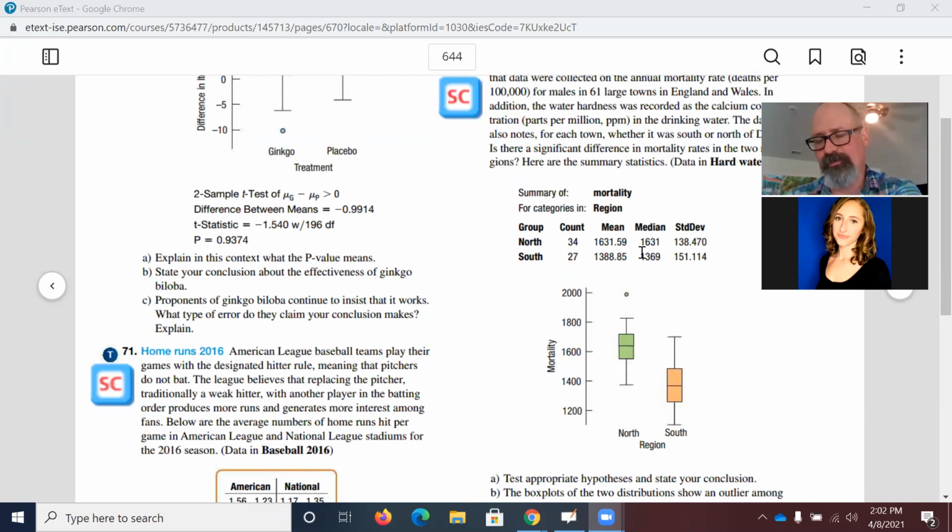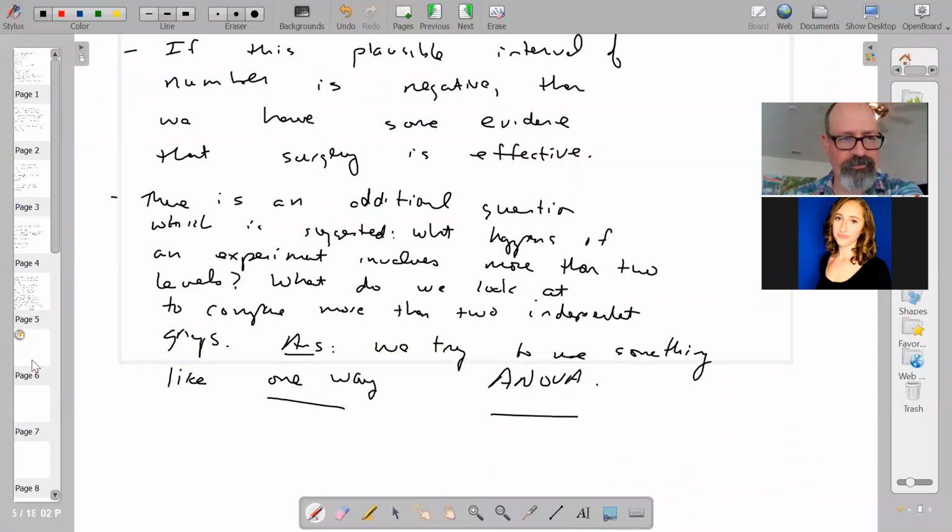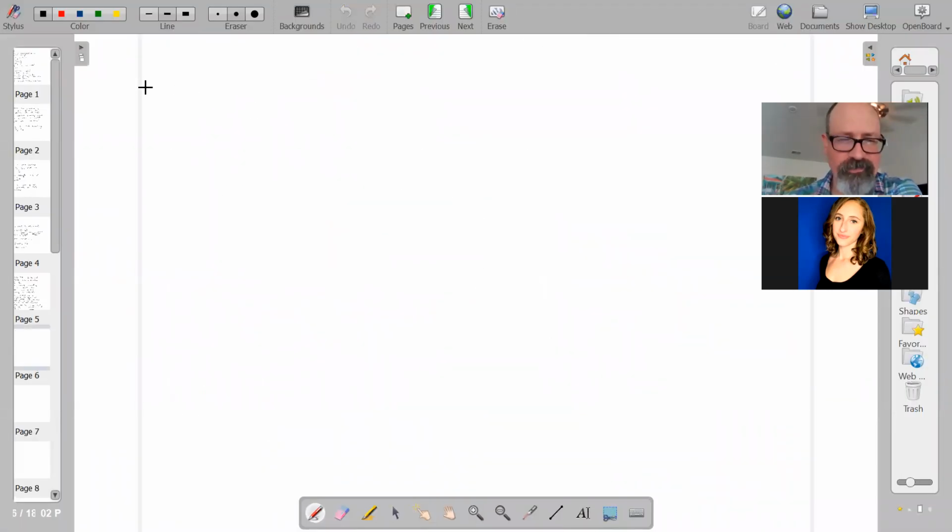realizing that we're talking about trying to estimate something about the mean death rate. So let's write down some symbols and define them at least.